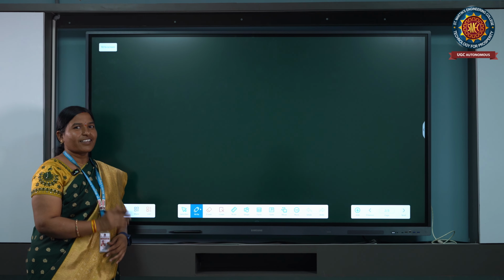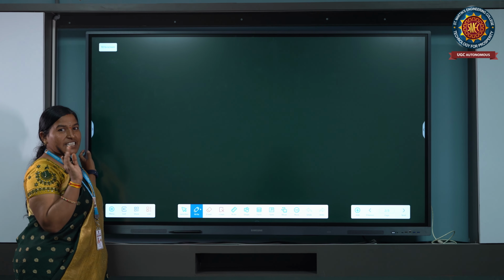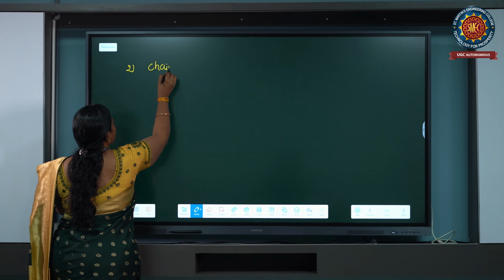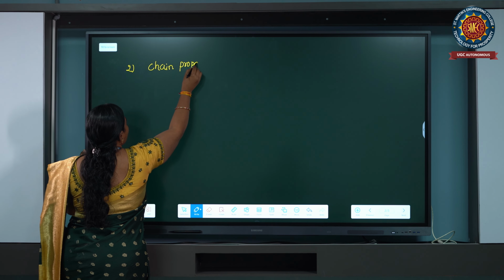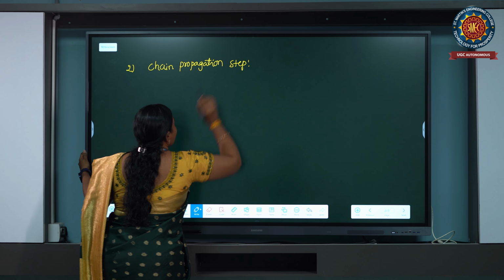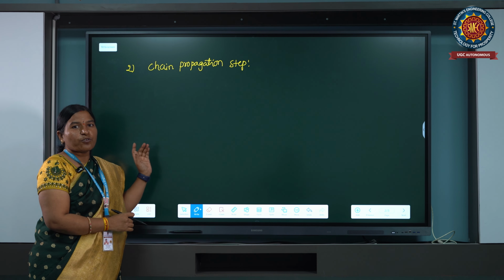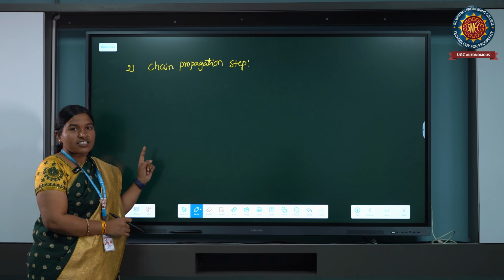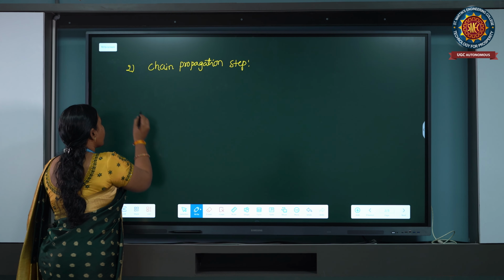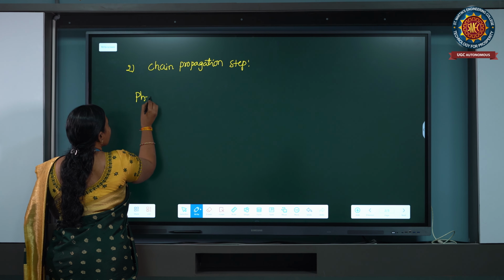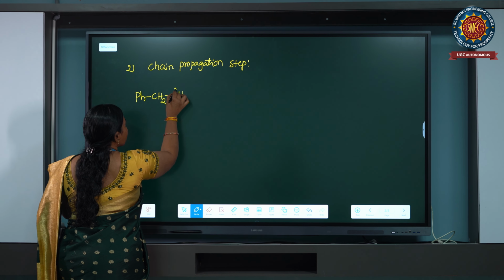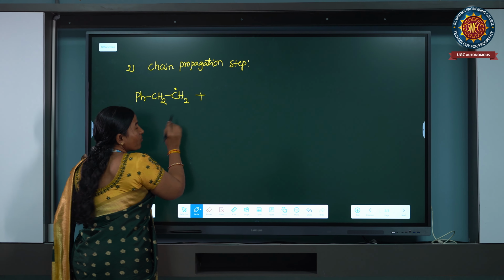Now we will discuss the second step, the chain propagation step. In this chain propagation step, whatever you got in the first step, the chain initiation step, now we are going to add monomers. Here the first step product is the Ph CH2 radical, phenyl radical with the monomer.